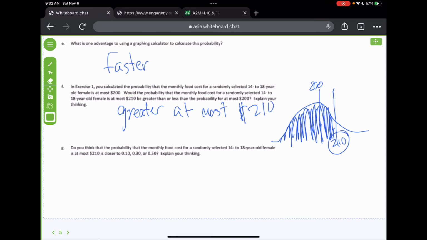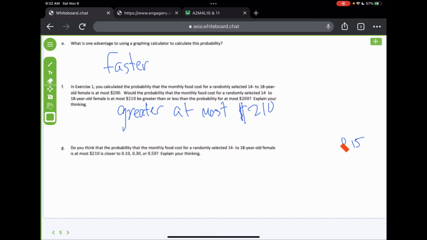Do you think the probability that the monthly food cost is at most 210 is closer to, okay, so now we got to think back, what is the mean? The mean of the female was $215. So it's going to be over here. I know it's not actually drawn to scale here, so let me redraw that. So if we were to draw this, this would be 215. Here would be your 210. Here would be your 200.